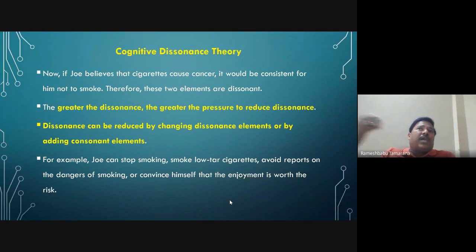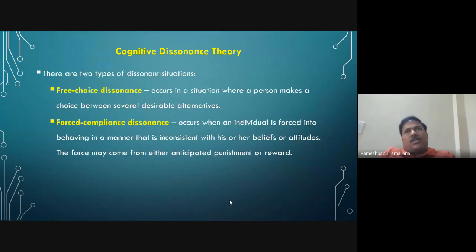Otherwise people will not have peace of mind. There is a huge conflict within us that keeps on happening. These are the two examples. And a little extension of this theory: when we talk about cognitive dissonance, there are two types of dissonant situations or conflict situations that might emerge.